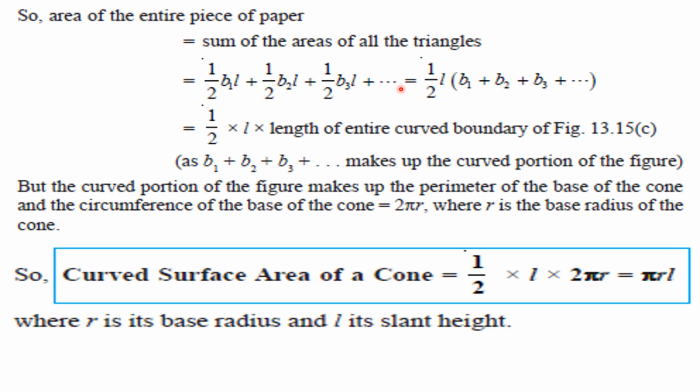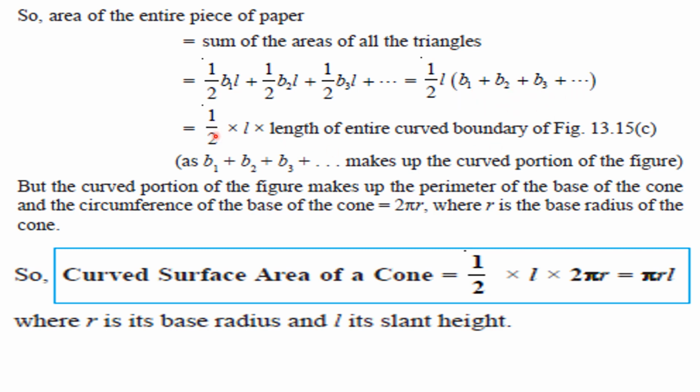By adding the areas of all these triangles, we get the area of the entire piece of paper. If you take the common factor from all these terms, 1 by 2 L is a common factor, so that is equal to 1 by 2 into L of B1 plus B2 plus B3 and so on. Understood this step, my children?